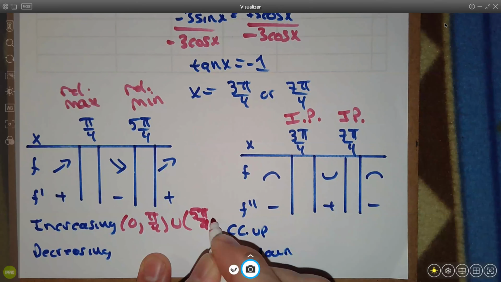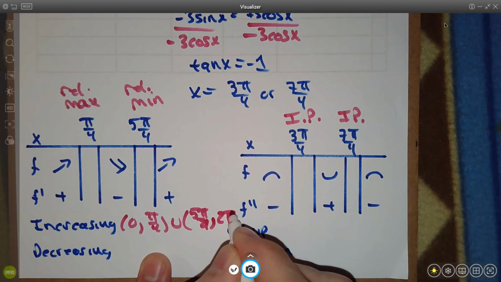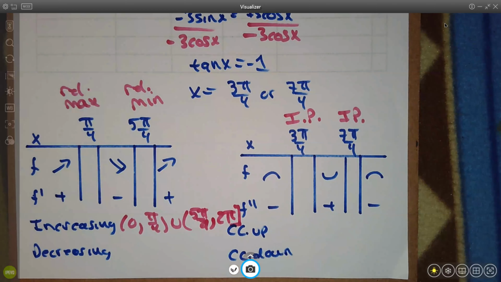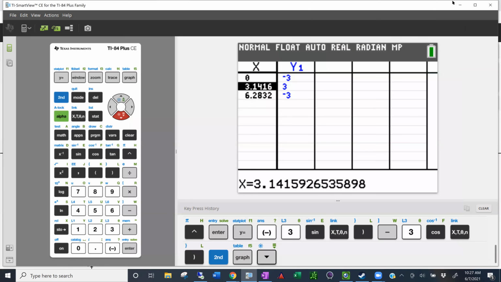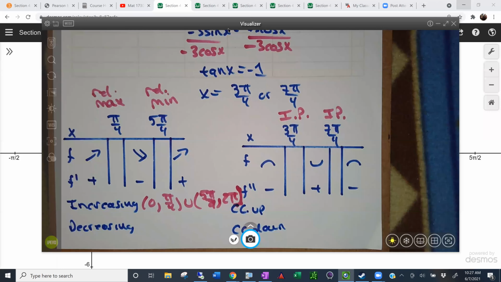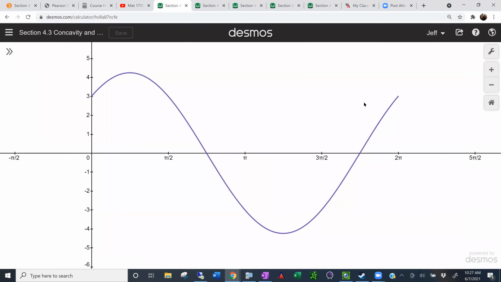to 2 pi. Now 2 pi, I think you can use a bracket because, actually, no. Parentheses, because at 2 pi, well, I have to take a look back at the graph. At 2 pi, it's still increasing at 2 pi.